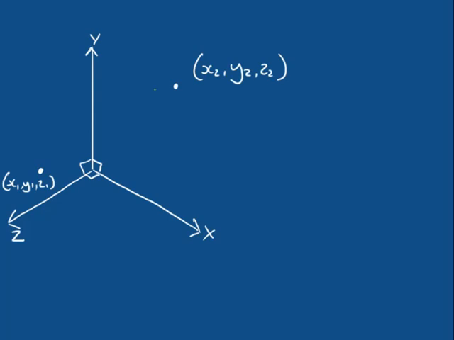We can construct a right-angled triangle in 3D space, such that the hypotenuse is the edge that runs between the points, and if we can somehow then apply Pythagoras to that triangle, we'll be able to find the length of the hypotenuse and thus be able to find the distance between the 2 points. So we can create our hypotenuse. We know that's the edge that runs between the 2 points, but these points are in 3D, not in 2D. So how are we going to go about creating the other 2 edges?